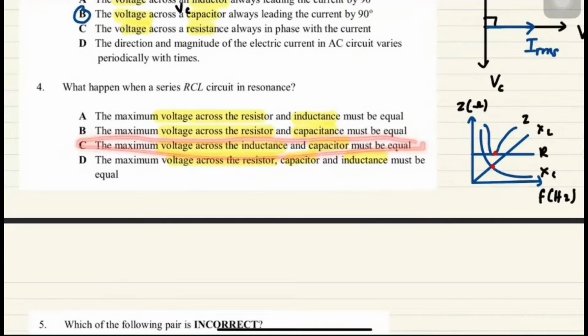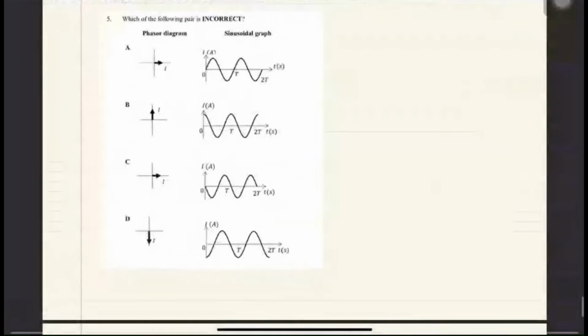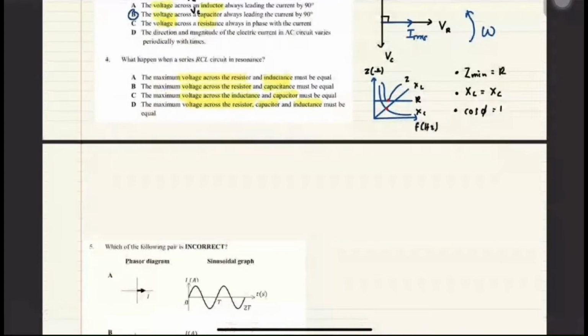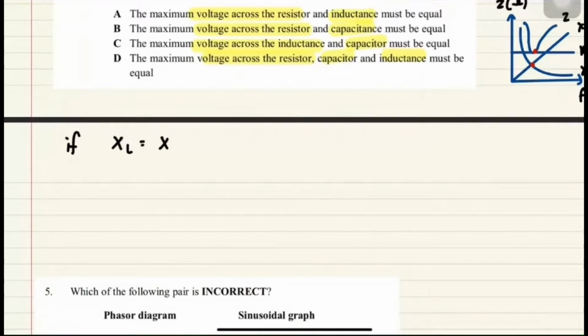But remember that what we said is XL equals XC. So, let us check. For point number 2, XL equals XC. We know that VL equals IRMS XL, and VC equals IRMS XC.